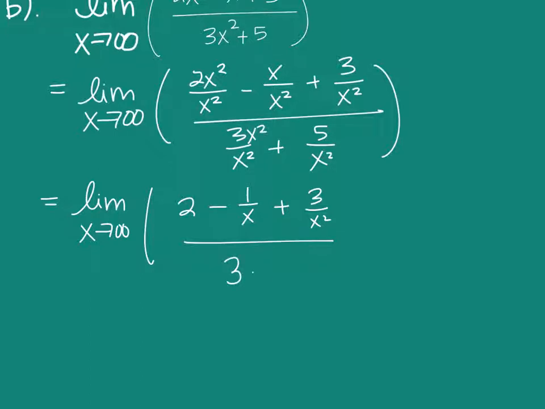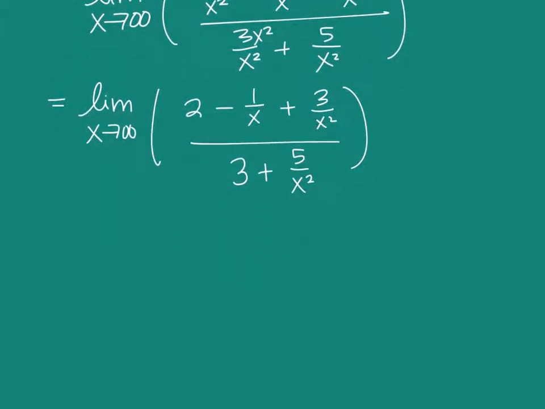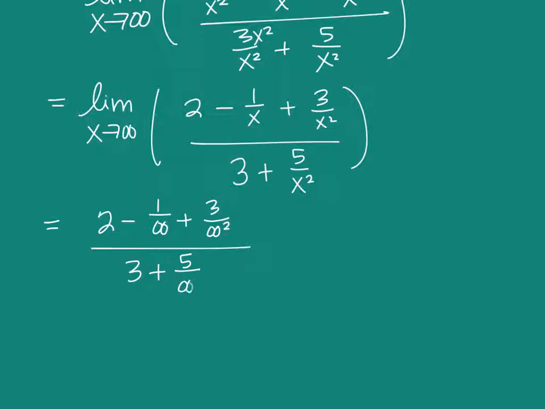That's 3 plus 5 over x squared. Okay, after I've done my algebra, I can replace the variable with the value. So as I replace the variable with a value, I can drop the limit notation, and I will have 2 minus 1 over infinity plus 3 over infinity squared, over 3 plus 5 over infinity squared.